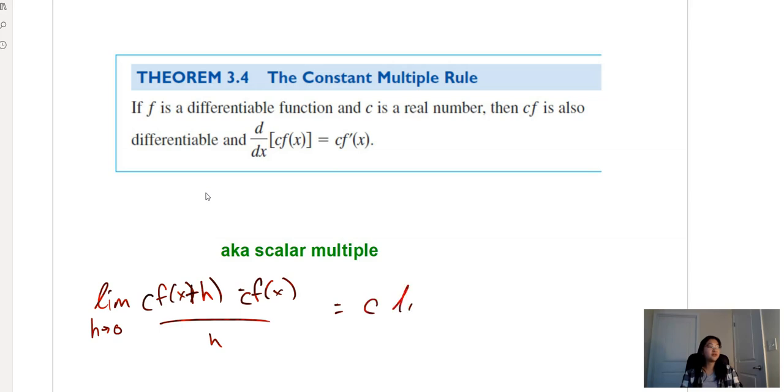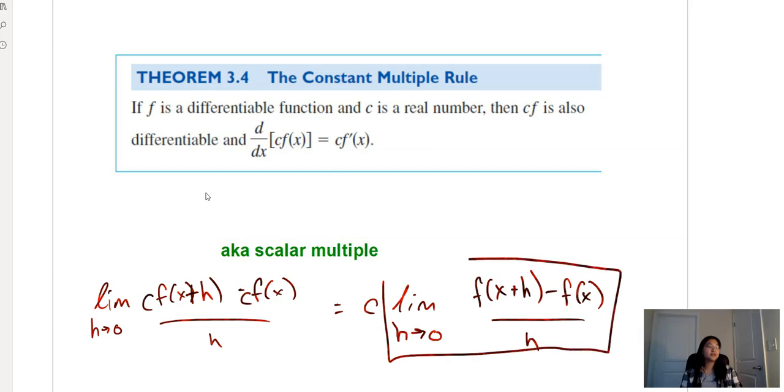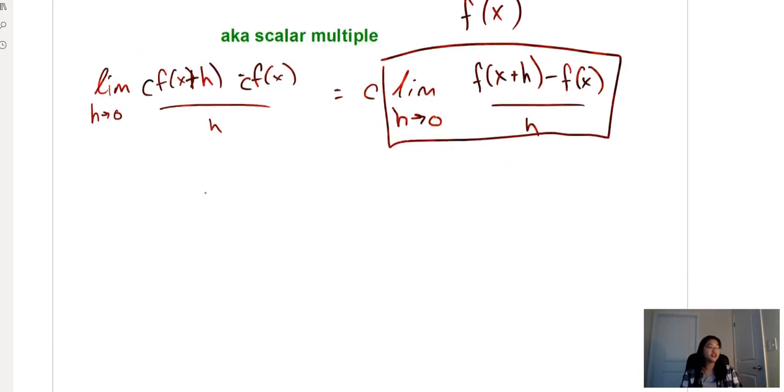We got c times this limit as h approaches 0, because limit is a number, right, of f of x plus h minus f of x all over h. And this is our f prime of x. So we got c times f prime. Boom. Done. Because a limit is a number. And a derivative is a number. A derivative is the slope of our tangent line.